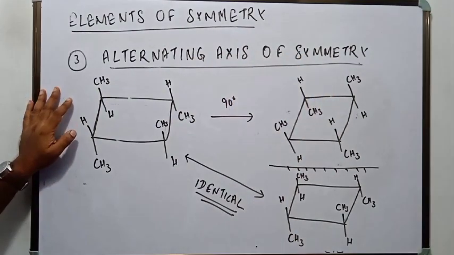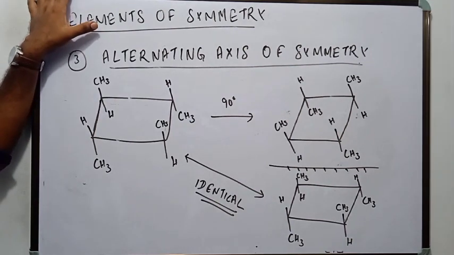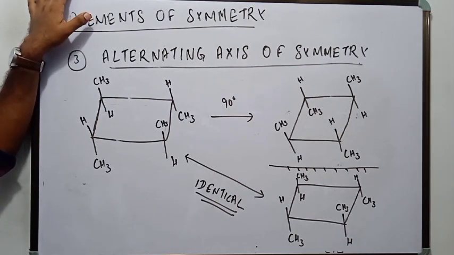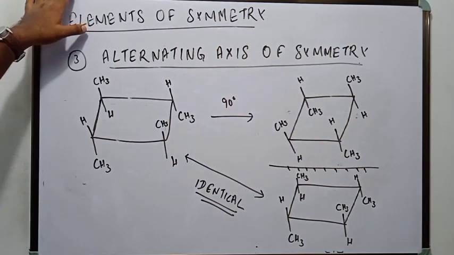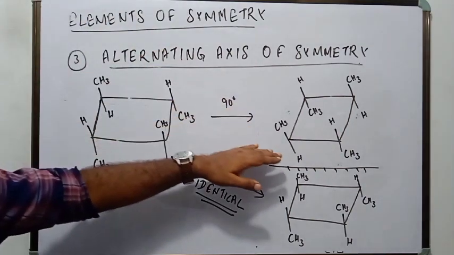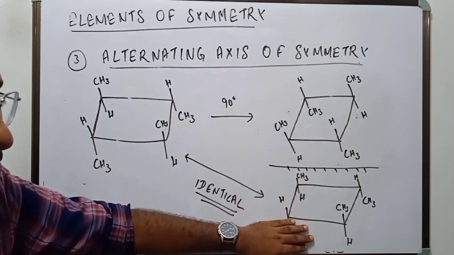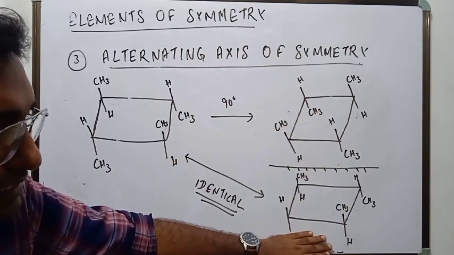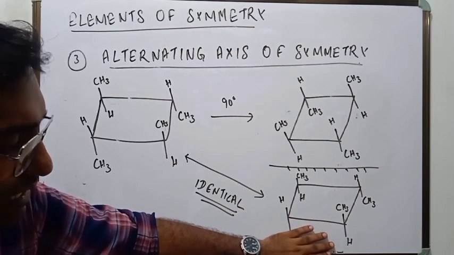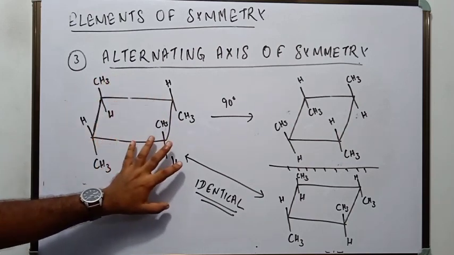then your compound is said to have an alternating axis of symmetry. That is, a molecule is said to have an alternating axis of symmetry if it can be rotated at a predetermined angle of rotation until it is rotated overall through 360 degrees, and after each predetermined rotation it is reflected across a plane perpendicular to its axis, and if the image formed is identical to the original structure of the molecule.